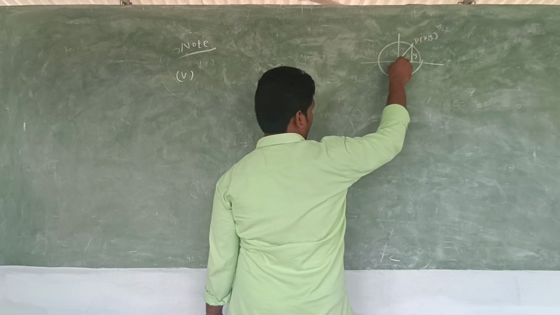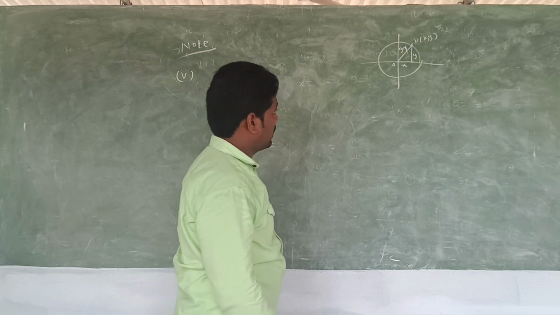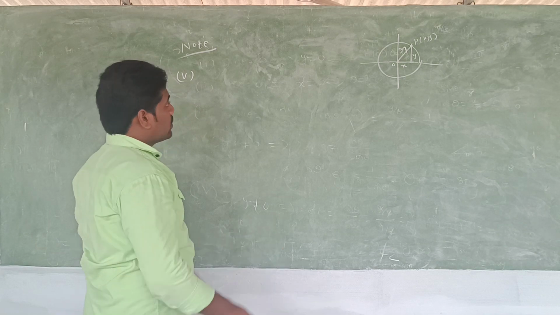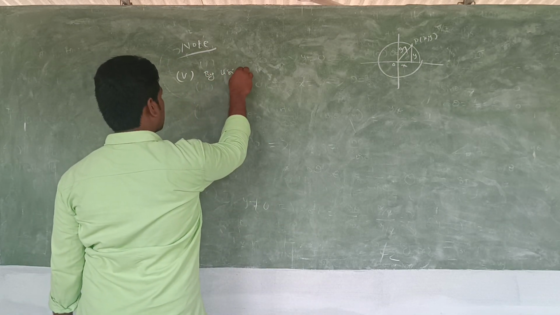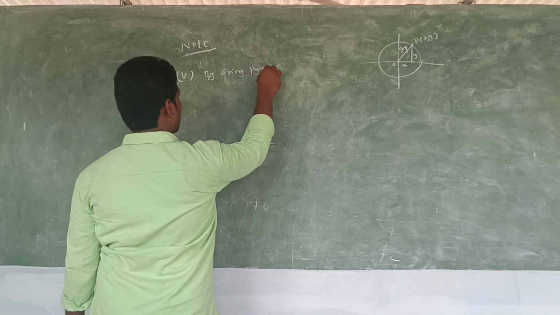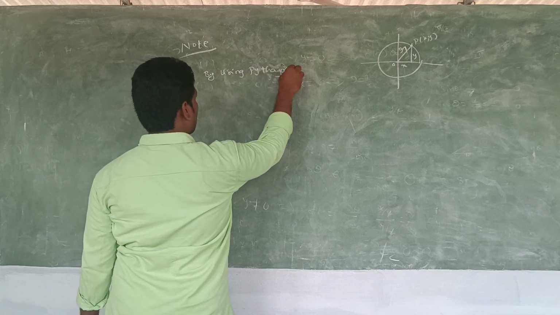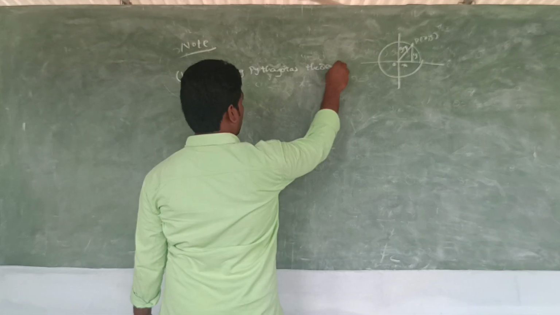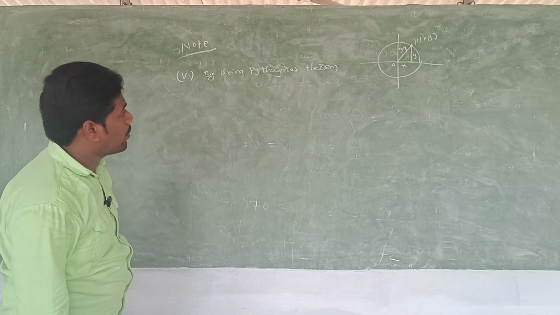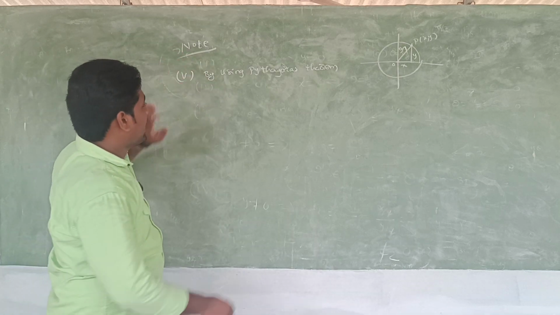The radius of the circle is r. So by using the Pythagoras theorem, what do we know about the Pythagoras theorem?